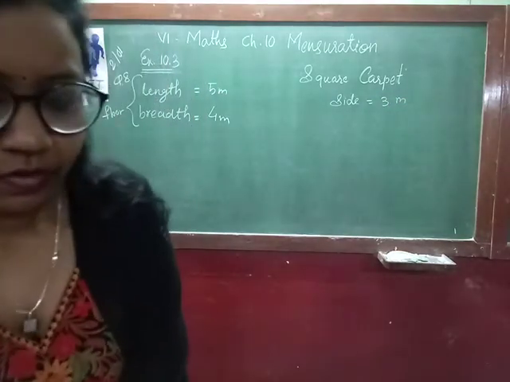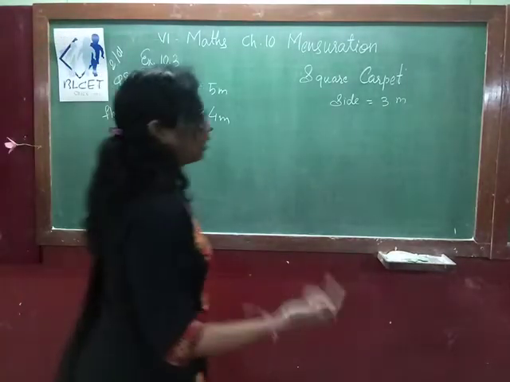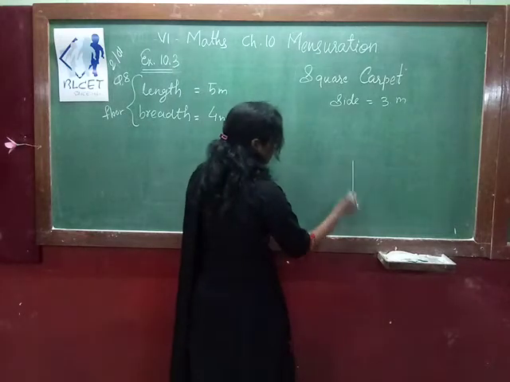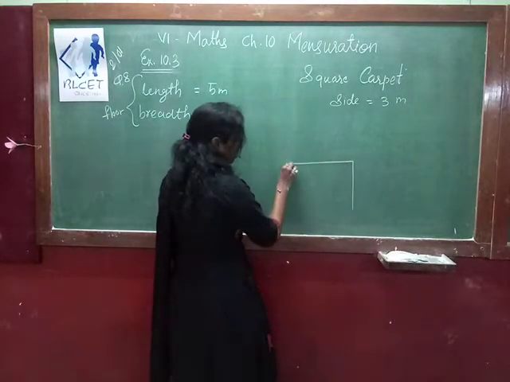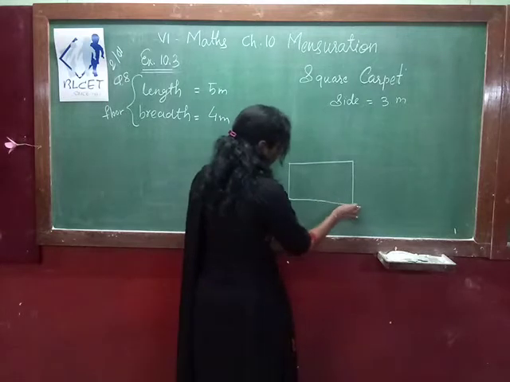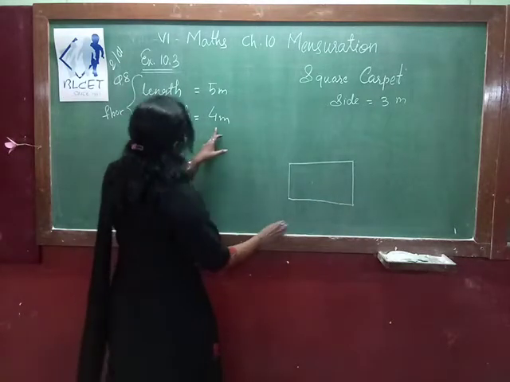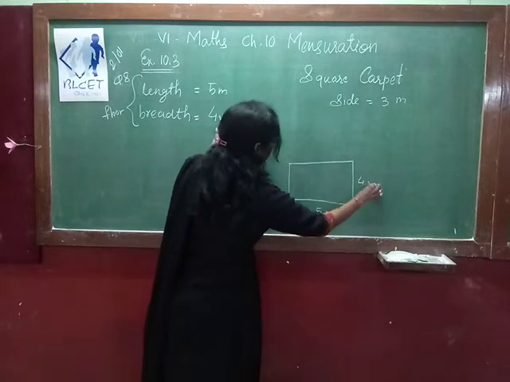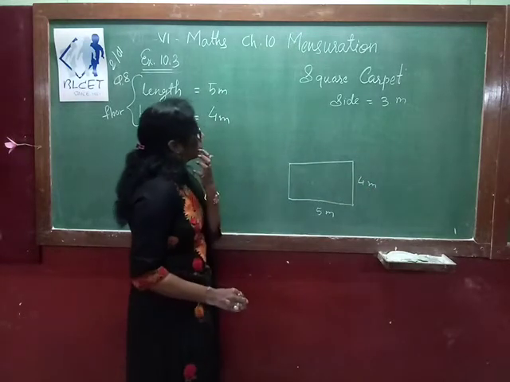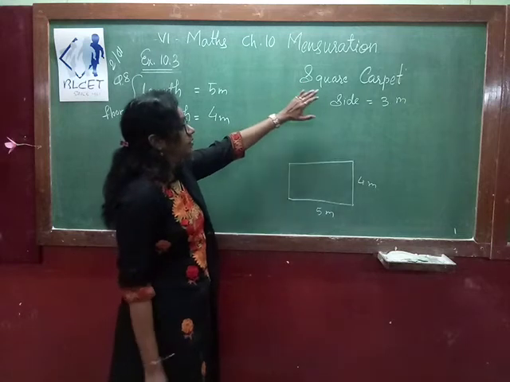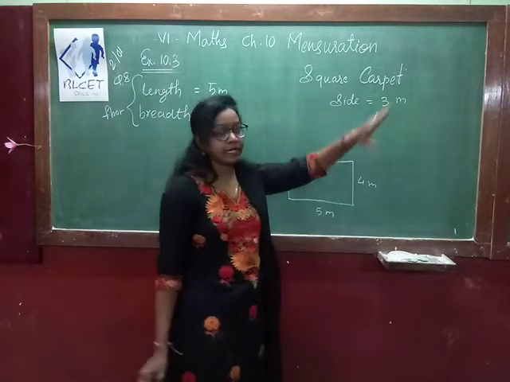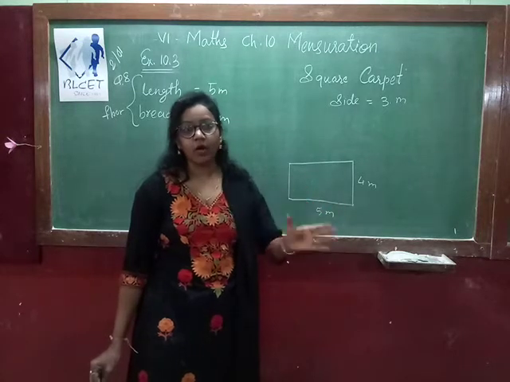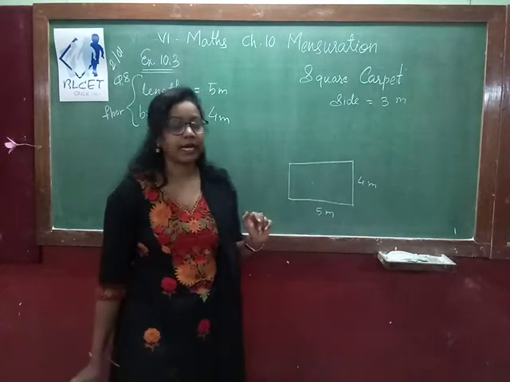Now we know the shape of a rectangle and we know the shape of a square. Suppose this is your rectangular floor in which the length is 5 meter and breadth 4 meter. Here the carpet side is equal to 3 meter, means if the carpet is in square shape, then all its side measurements are 3 meters.